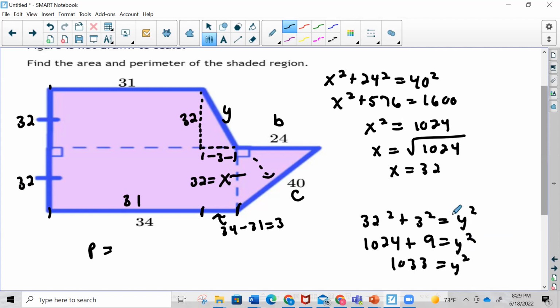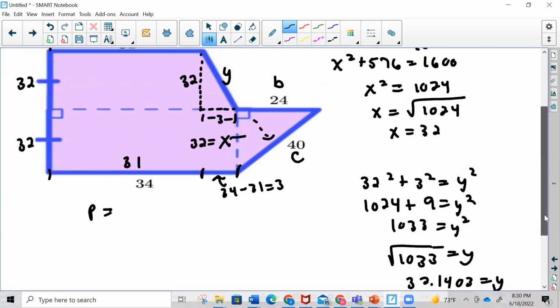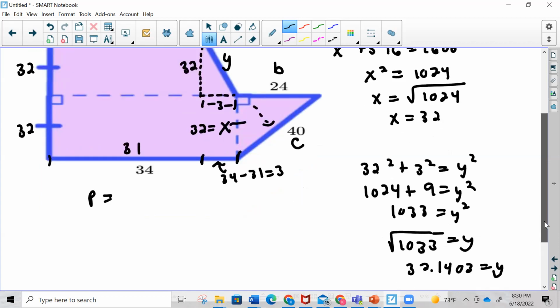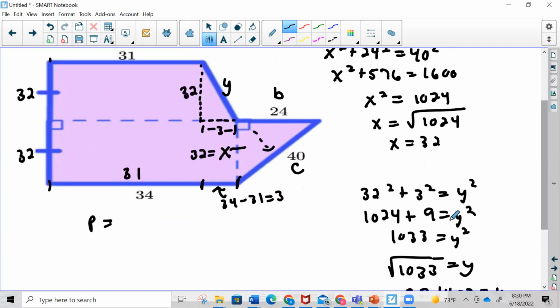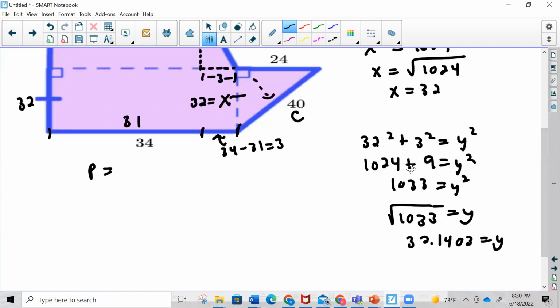And then again, to get rid of the squared, we take the square root, and that gives me y. The square root of 1033 is 32.1403. I don't remember what they tell you to round to on the homework, but when you're doing the intermediate steps, the steps in between, do a few more decimal places than they ask for so you don't have a rounding error.